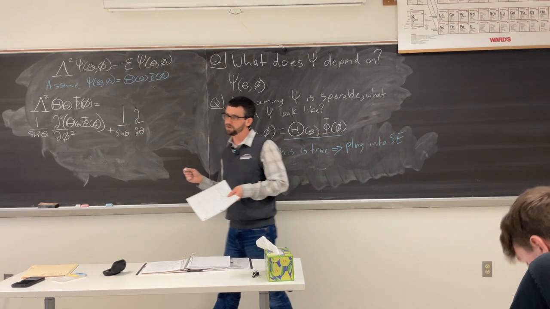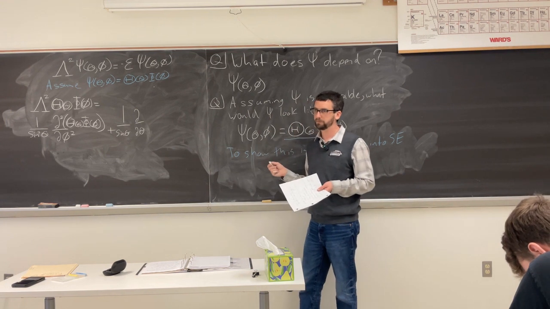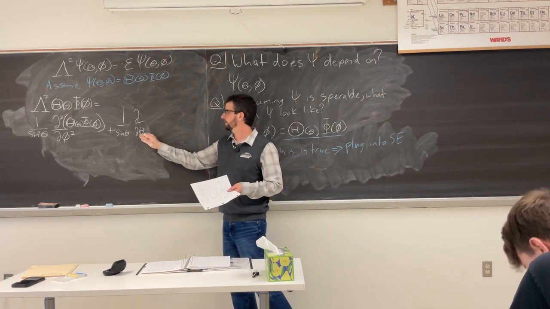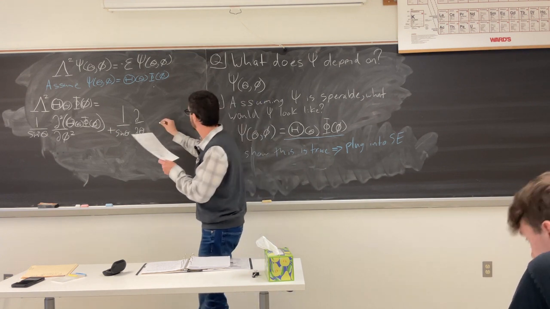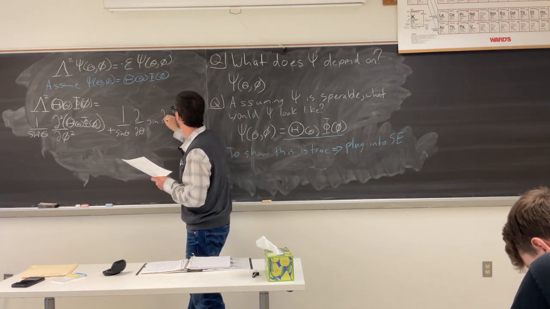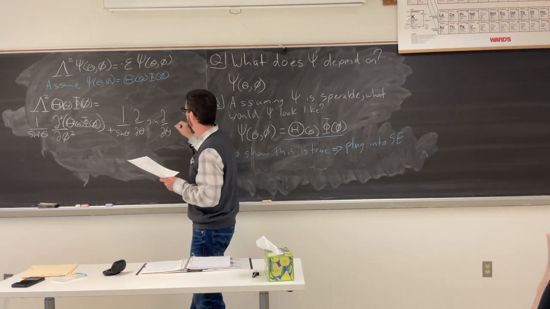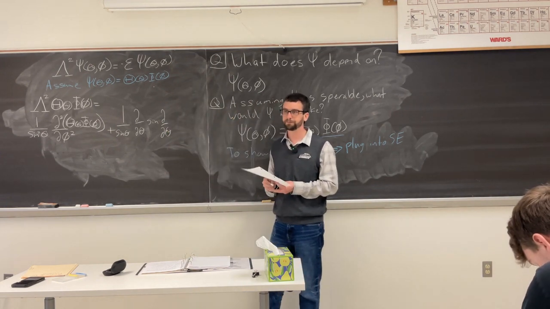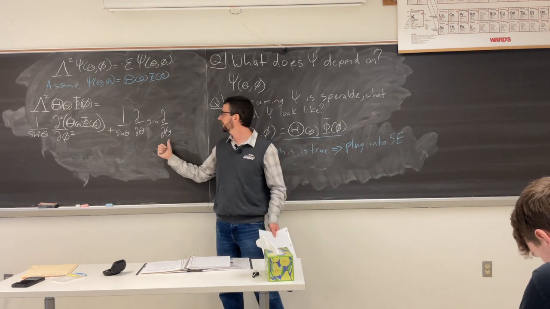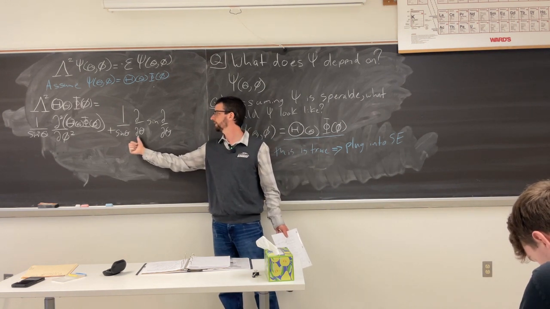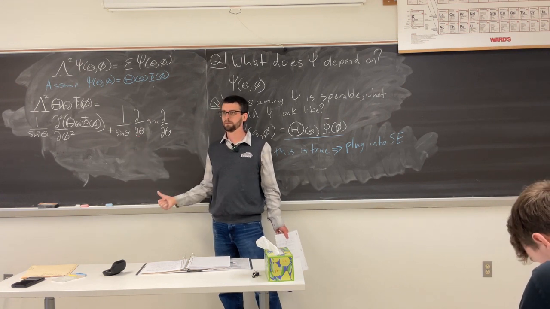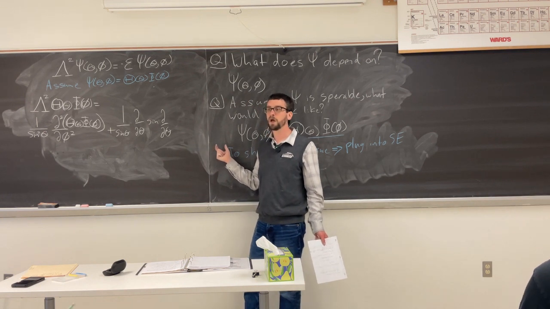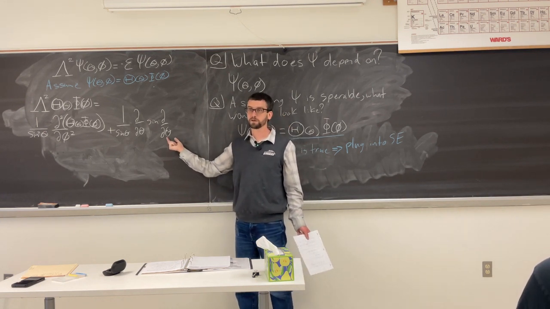Which way do operators always act? Yep, to the right. So there's a derivative with respect to theta here, then a sine theta, then another derivative with respect to theta, right? Which one applies first, this one or this one? Yep, this one goes first.